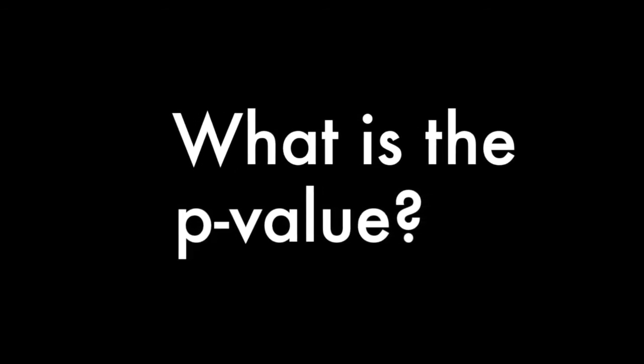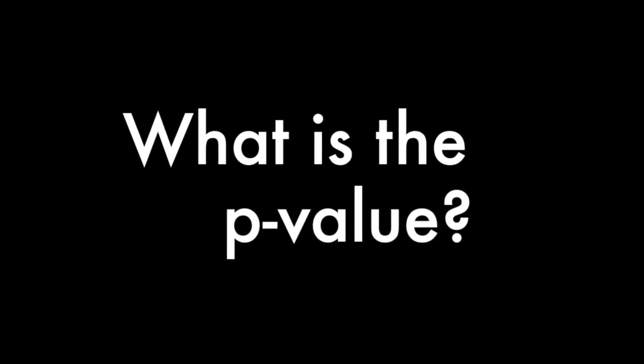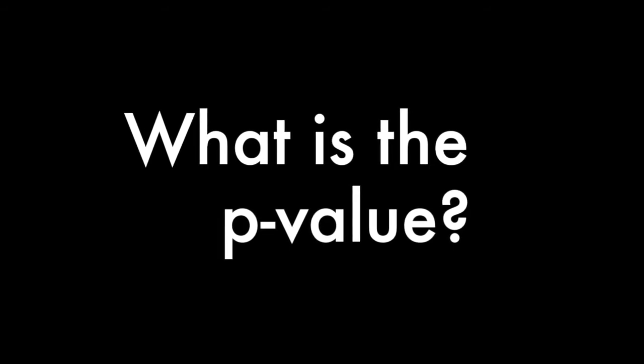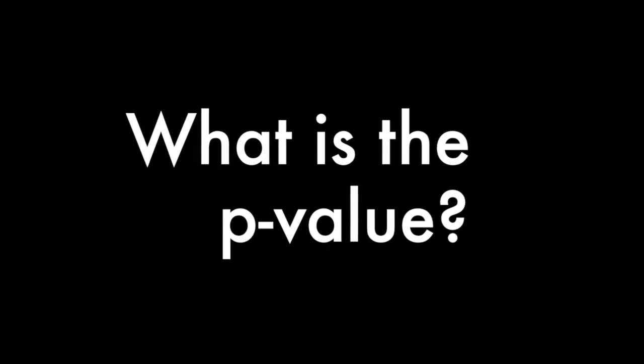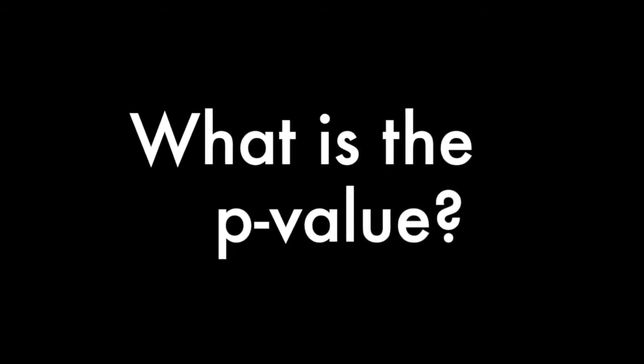So your p-value actually answers one question, and that is, how likely are your data assuming a true null hypothesis? So it actually does not give you a measure to support the alternative hypothesis.